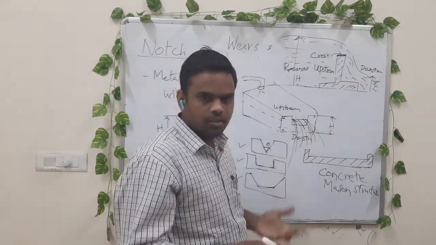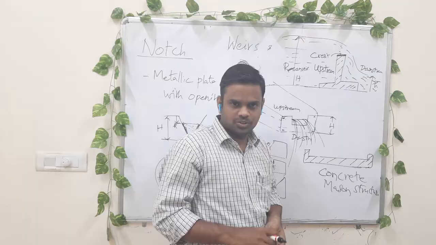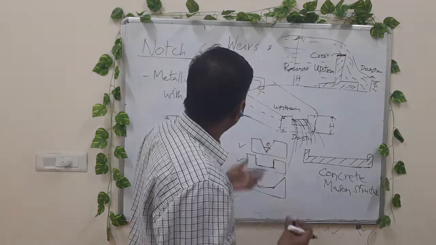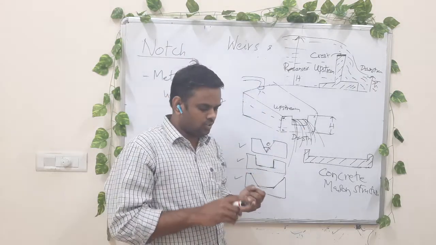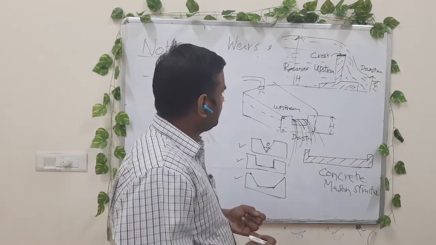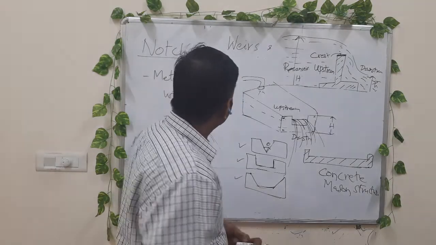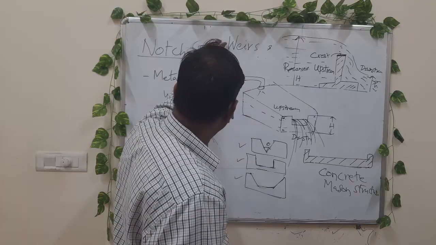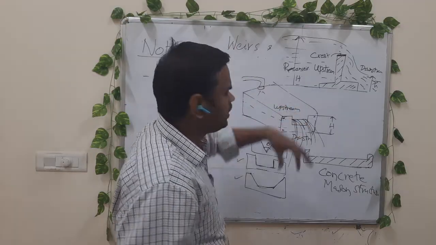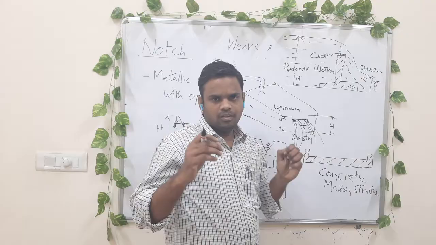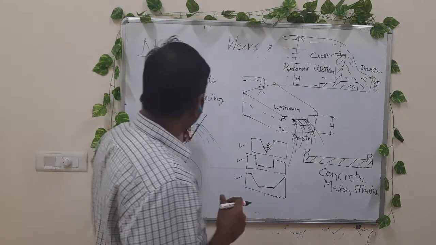The head is suddenly reduced. So swimmers find it difficult and aquatic life gets affected. That's about weirs.